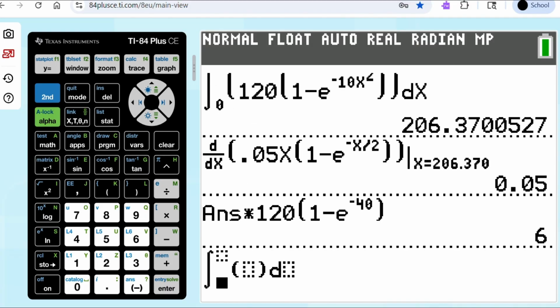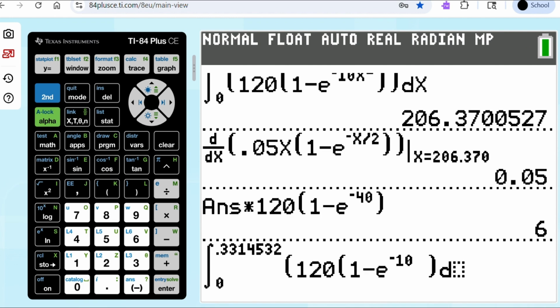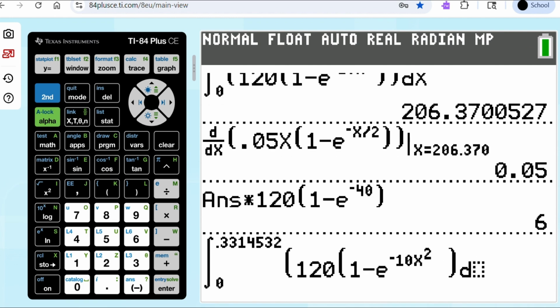And we're going to integrate from 0 to 0.331453. Once again, that r of t function, which is 120 times 1 minus e to the negative 10x squared dx.